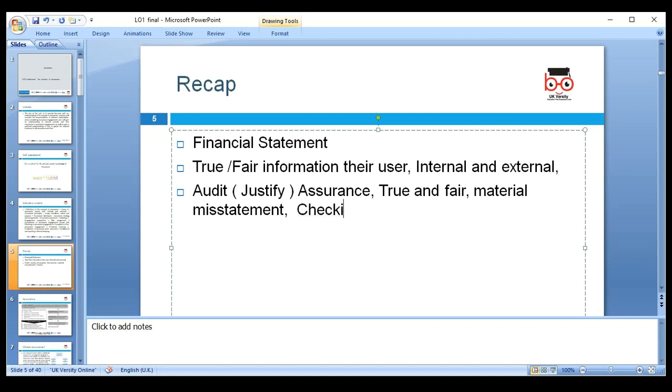So we want to make sure the things are accurate, if we are using IFRS, International Accounting Standards, yes, those comply with the Companies Act, if it's a company, yes, 2006, or we can say 1985.